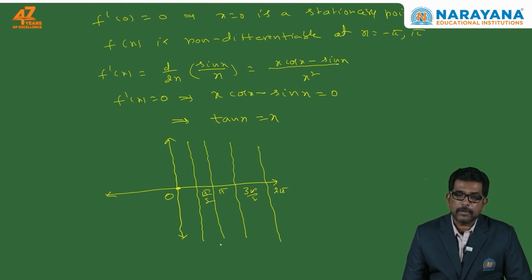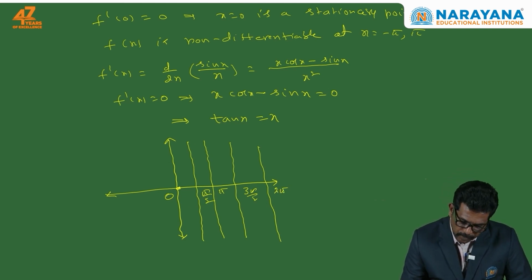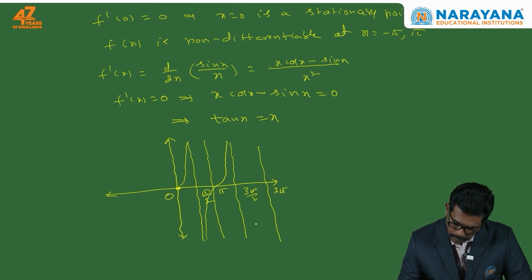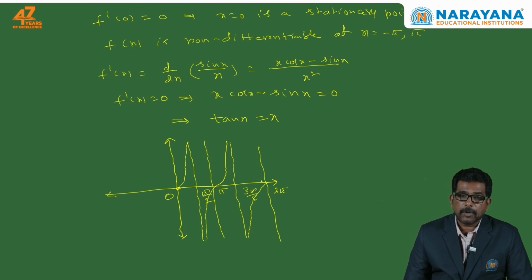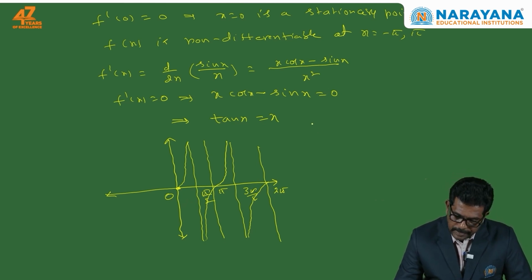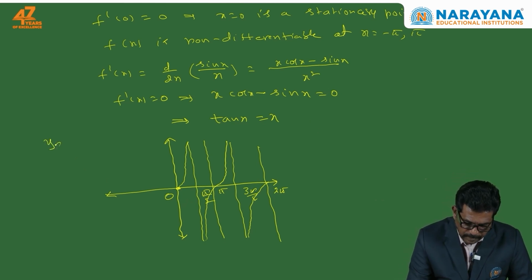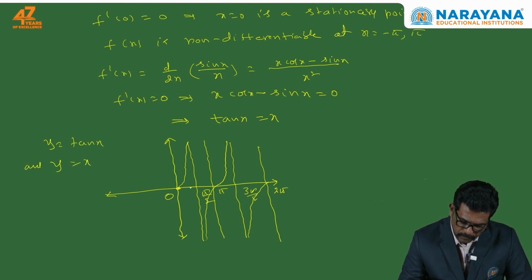Now the tan x graph, you know how we are going to draw the tan x graph, like this one. Now we are going to draw the graphs of y is equal to tan x and y is equal to x. This is the y is equal to x line.